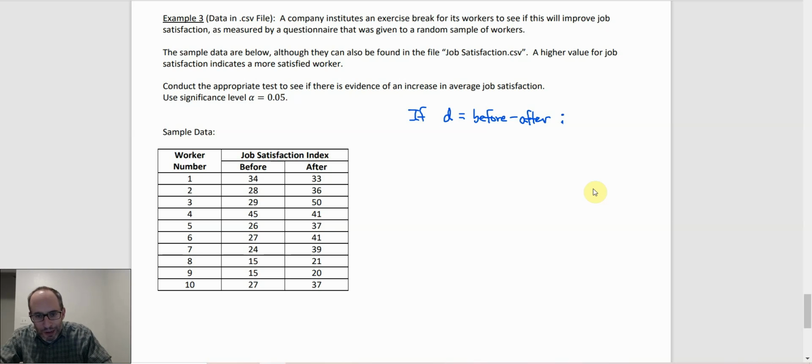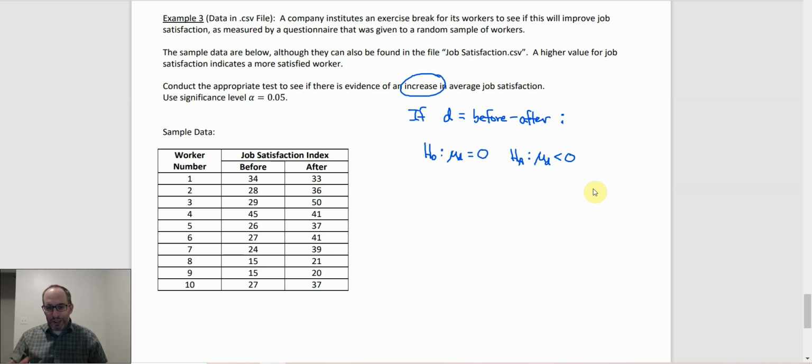But then you've got to be careful with the alternative hypothesis. The null is just going to be that mu sub d is 0. There's no change. The alternative, an increase, would be if the after average score was bigger. So if we're doing the differences before minus after, you would actually need it to be negative, not positive.